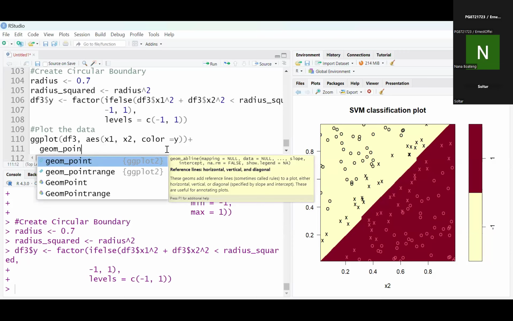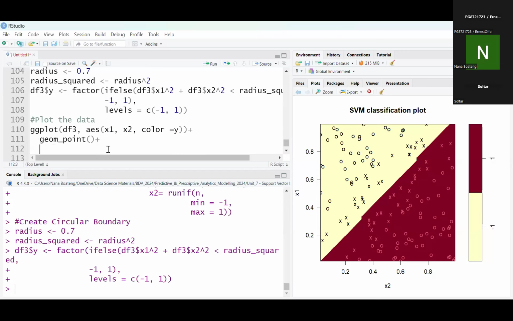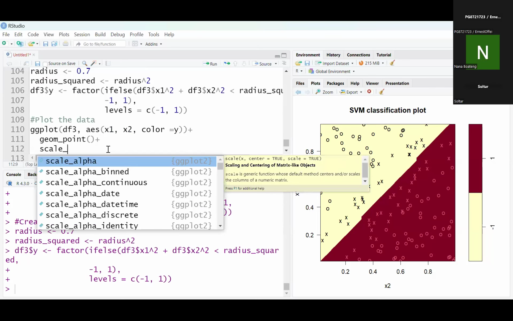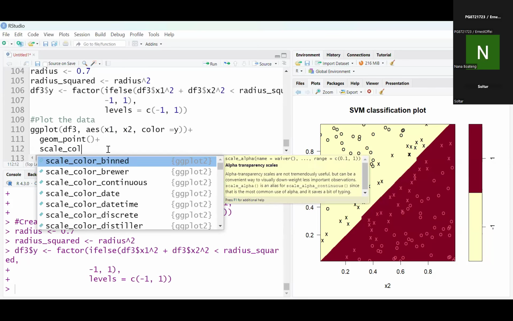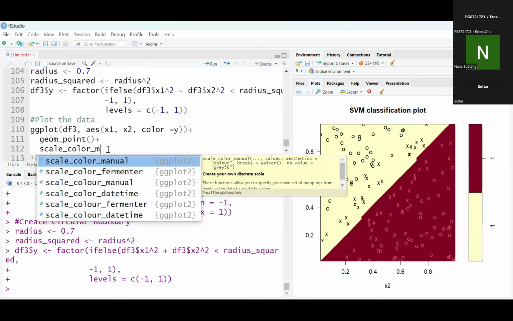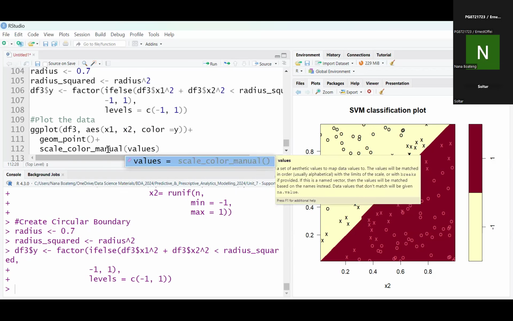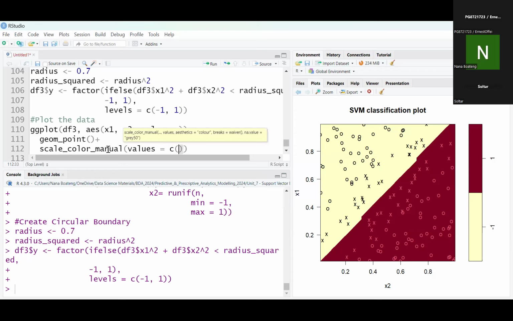Let's color them just like we did for the other one. So scale color manual. Let's specify the values. So in this instance, we have -1 for red.